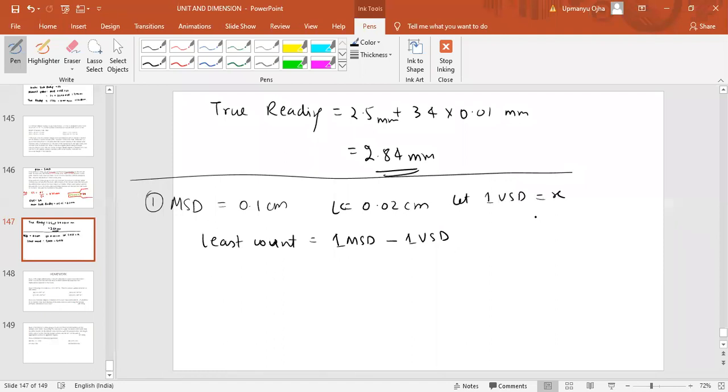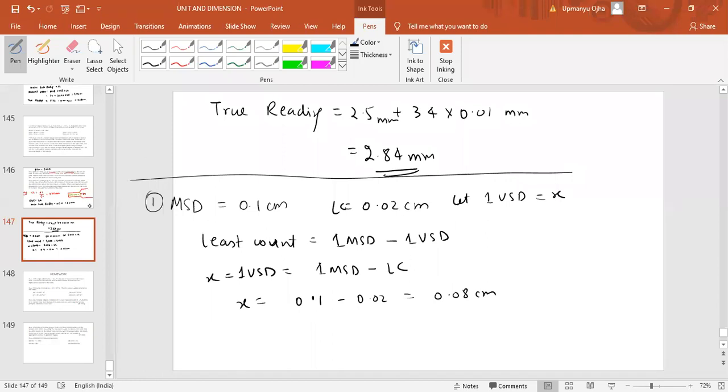One vernier scale division would be equal to one main scale division minus least count. So x would be 0.1 minus 0.02, that will come as 0.08 centimeter. So 0.08 is one vernier scale division.